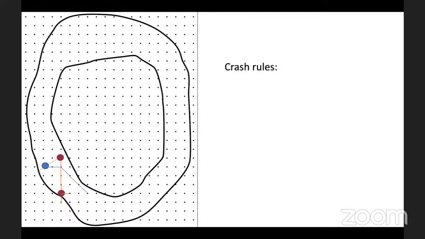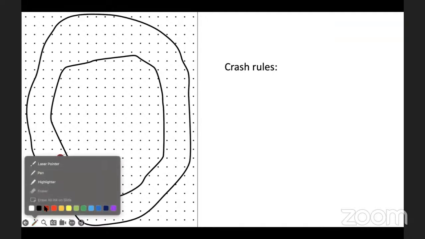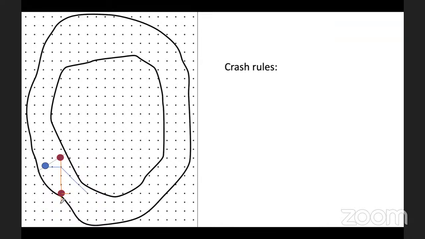Okay, so what happens, supposing, for instance, that red had not been wise and had actually tried to go out here? That's a crash. When a crash happens, the first thing you do is move to the closest space inside the track. So this circle would have to be dragged back into the track.